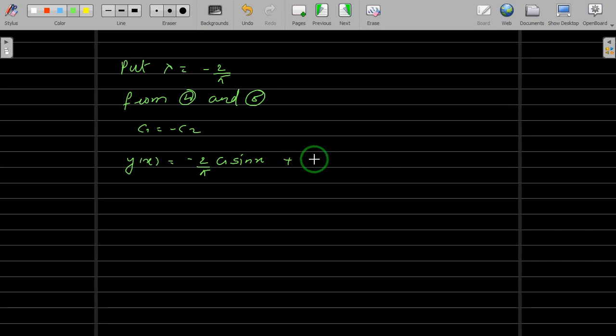So minus minus becomes plus 2 upon pi C1 cos x. In simple terms, it is 2 upon pi C1 times cos x minus sin x, and these are your eigenfunctions.